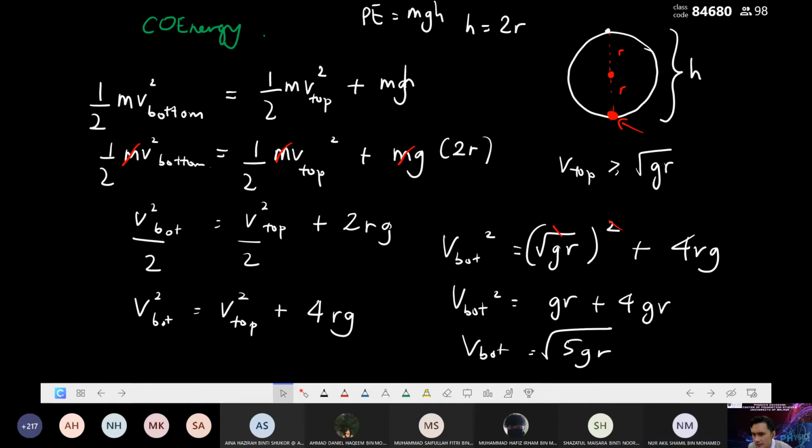Why at the top there is kinetic energy but at the bottom there isn't? The bottom has kinetic energy, Zaidah. Syarifah. Because at the top there will indeed be kinetic energy plus the mgh. Mgh is the potential energy. If at the max point there is kinetic energy, this one is it is still moving.